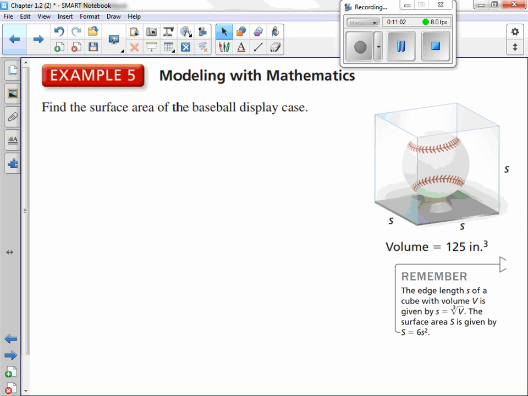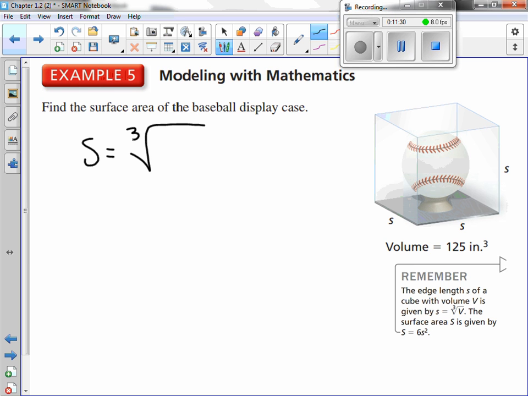Now, the last thing we're going to do is some modeling with real-world problems. Now, to find the surface area of a baseball display case, we have this here. Remember, they told us the edge length S of a cube with volume V is given by S is equal to the cubed root of the volume.